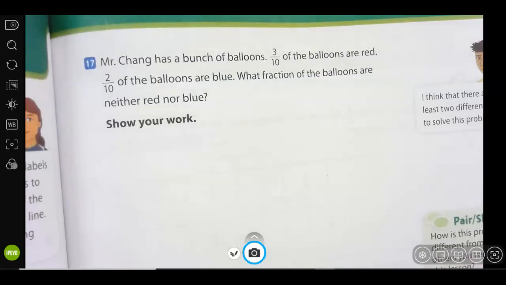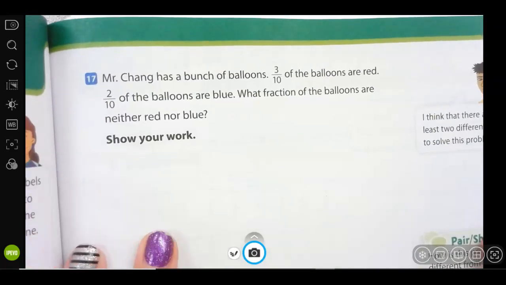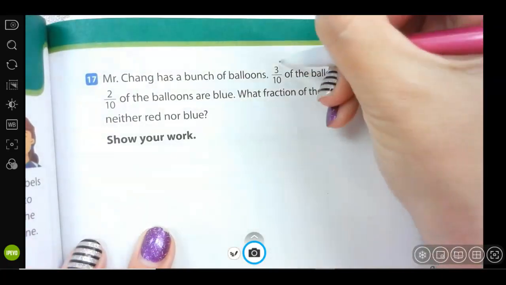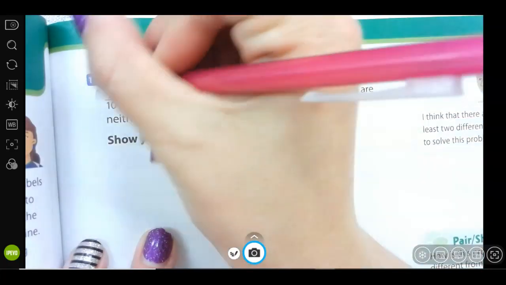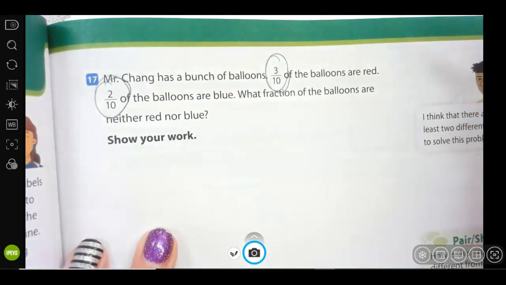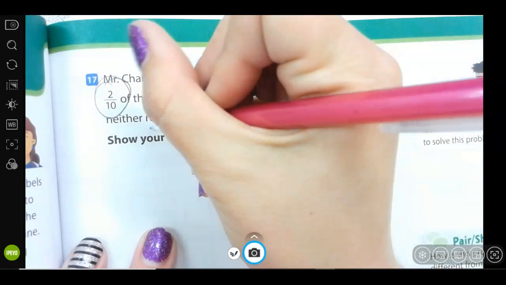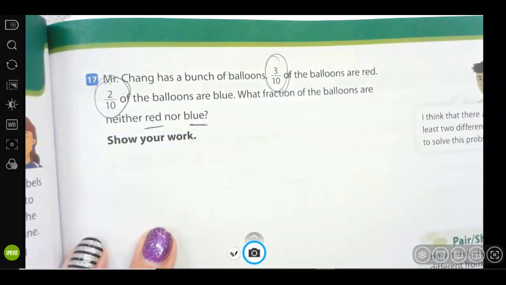Okay, let's go to number 17. Mr. Chang has a bunch of balloons. 3/10 of the balloons are red. 2/10 of the balloons are blue. What fraction of the balloons are neither red or blue?